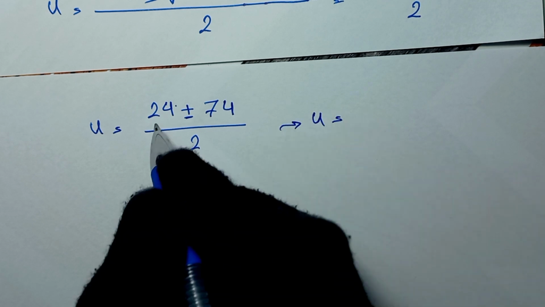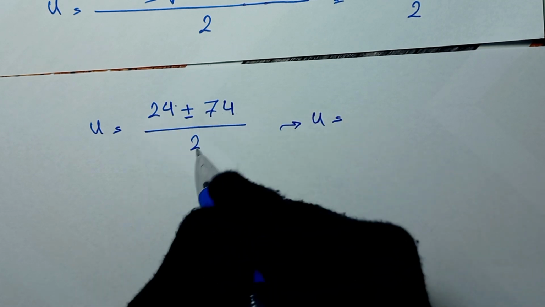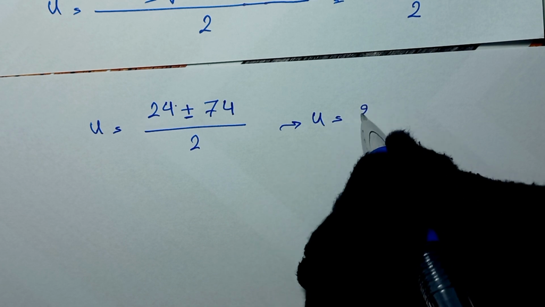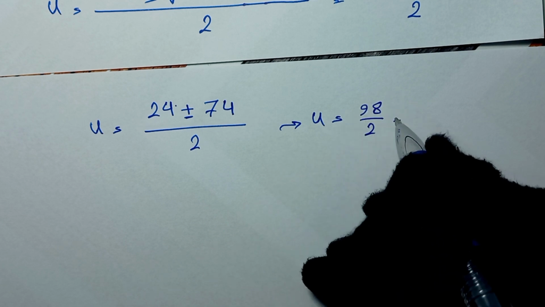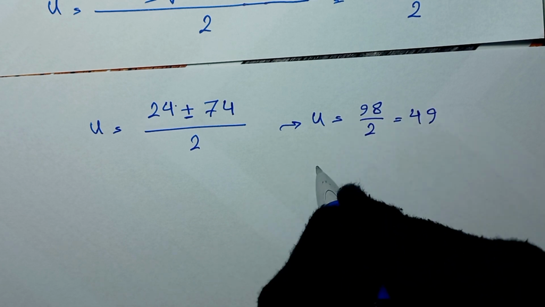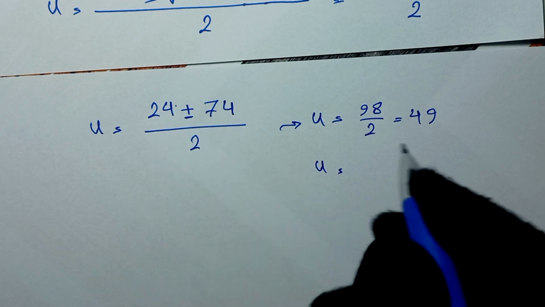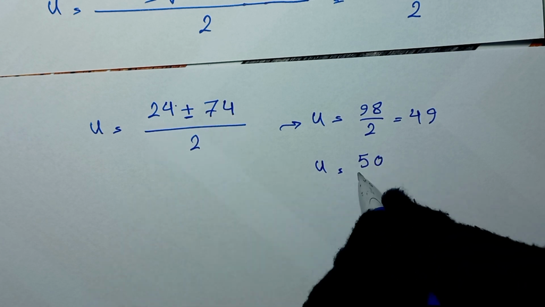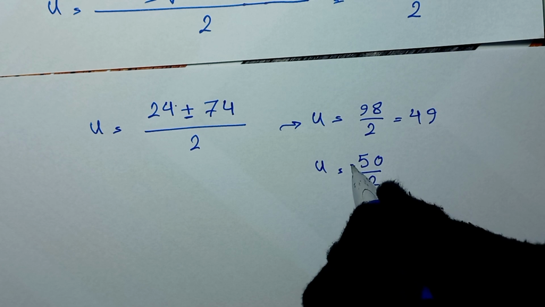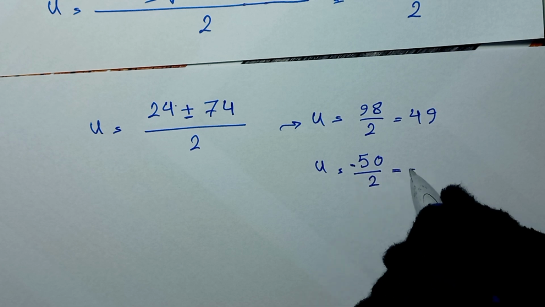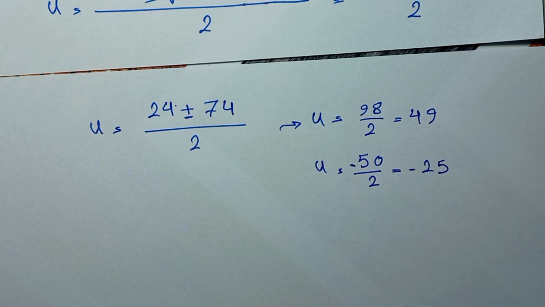u is (24 + 74)/2, which is 98/2, and this is equal to 49. And u is (24 − 74)/2, which is −50/2, and that is −25.